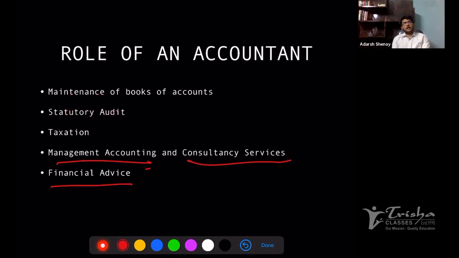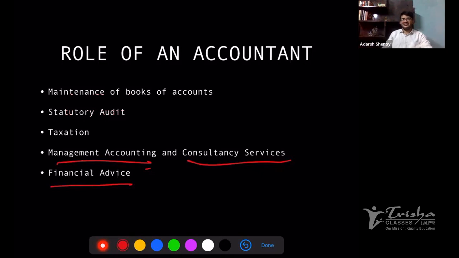There are clients who come to you and say, where should I save money? Where will I get more interest? Where will my money become double? Where will my money become quadruple? 21 days, you heard that dialogue, right? Akshay Kumar's dialogue from Hera Pheri, where he says, 21 din mein paisa double.